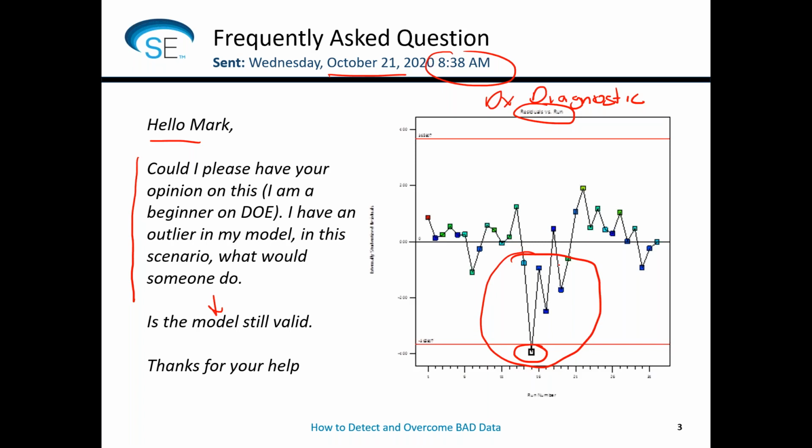It seems like maybe there's a series that are unusually low, but definitely this gets your attention when you have a point outside of the red line. So this is exactly the sort of issue that we're talking about, and it's a very timely question. Of course, I said you've got to send me your data in DX format, because I can't just answer the question without looking at the actual data. So that might be the standard answer: it depends. Send me the data.